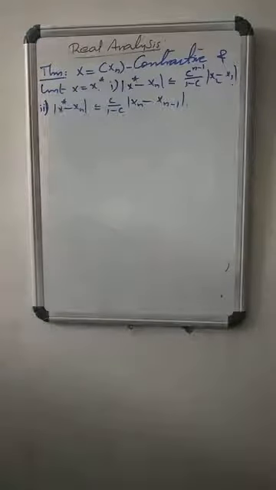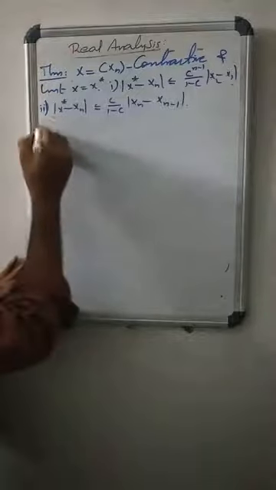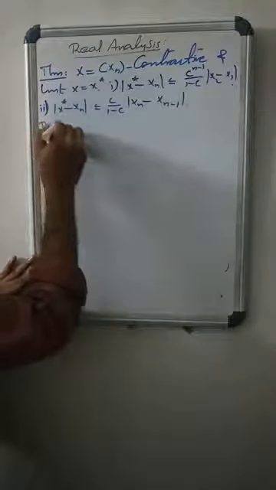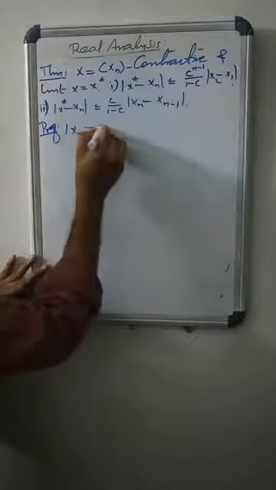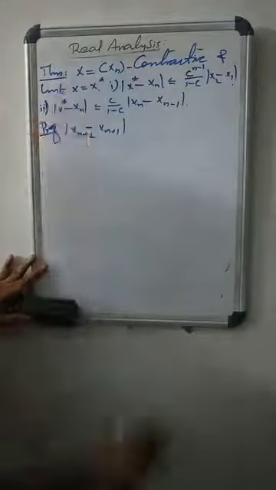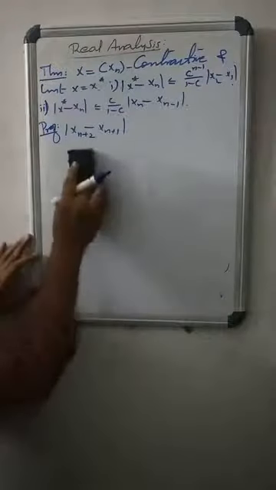Modulus of x star minus xn less than or equal to c power n minus 1 by 1 minus c into mod x2 minus x1, and mod x star minus xn less than or equal to c by 1 minus c into mod xn minus xn minus 1. First part is immediate. Why? In the proof of previous theorem, we see that modulus of xn plus 2 minus xn plus 1 less than or equal to c power n into that one.